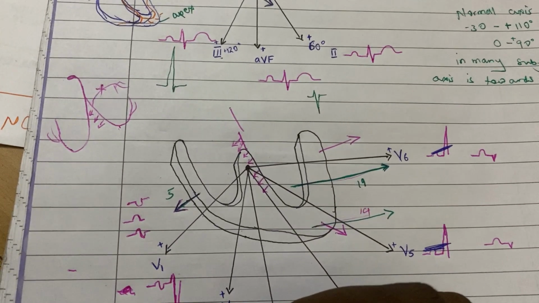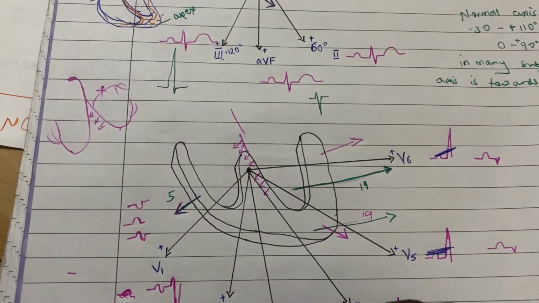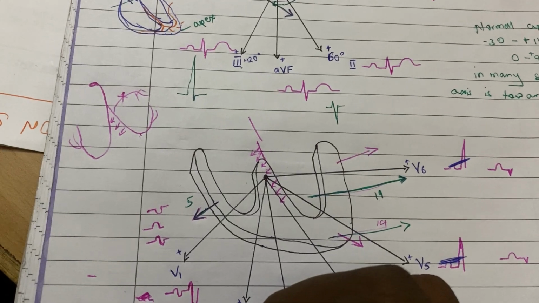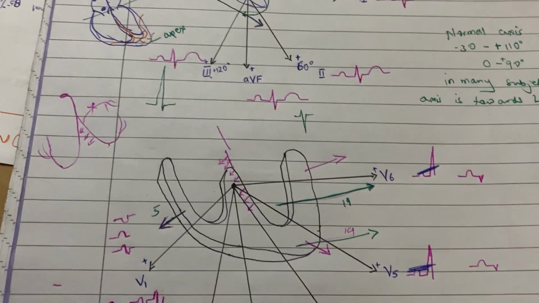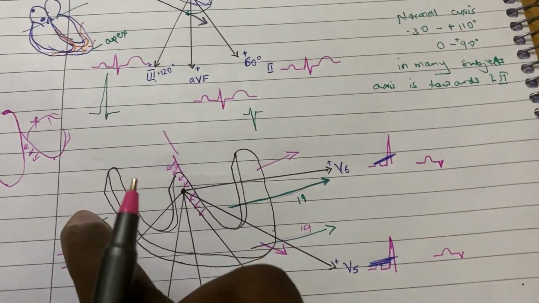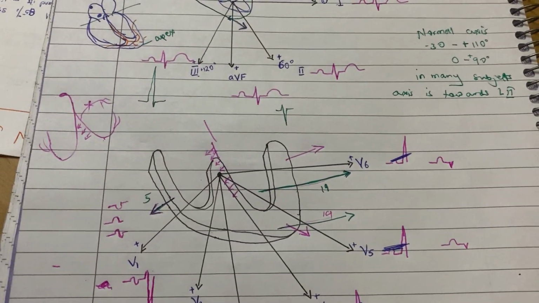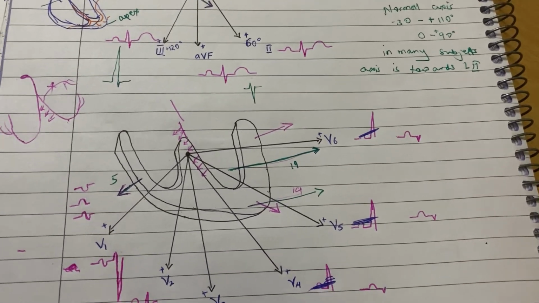It is also moving away from V2, but it has reduced. This one is very deep, and this one is a bit less, because we are moving anti-clockwise, from thinner myocardium to thicker myocardium. It is reducing and increasing. R wave is increasing, S wave depth is reducing.